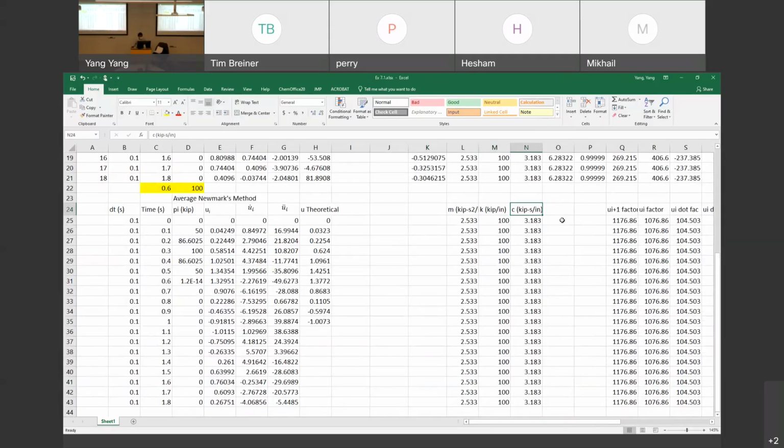Those numbers are based on the damping ratio and the mass. So the mass is given to us, and based on the natural frequency we should be able to get K, which is also given to us. So we should be able to calculate the C value based on the damping ratio.